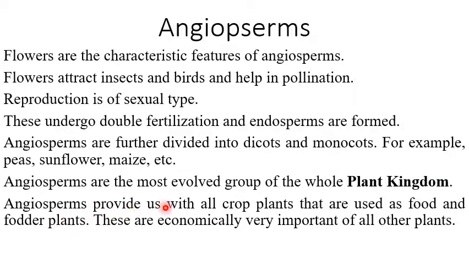Angiosperms provide us with all crop plants used as food, fodder, medicine, and many different uses. These are economically the most important of all plants. We have to learn this chapter of angiosperm and gymnosperm in detail. That time we can go through it.